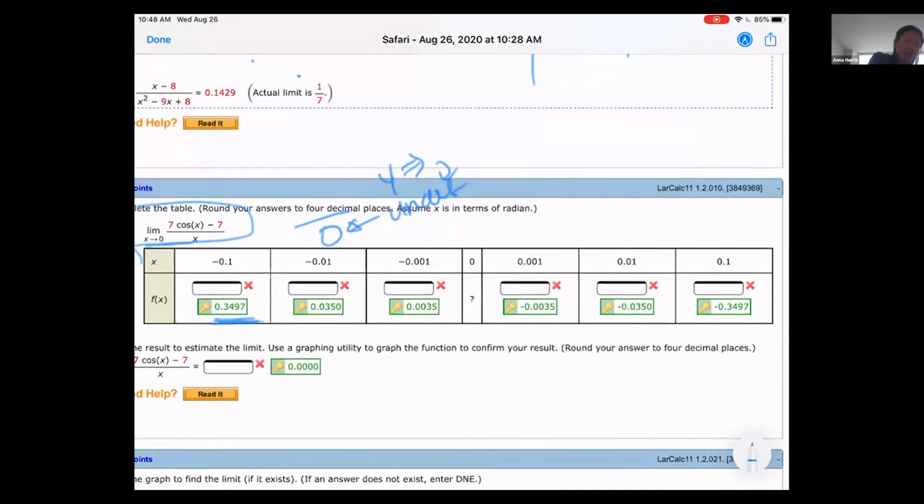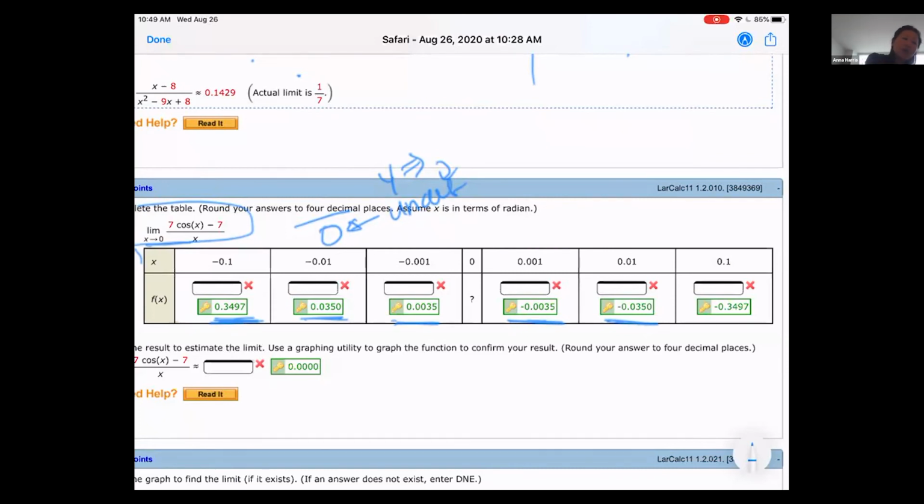Look at this number, you guys. 0.3497, 0.0350, 0.0035, negative 0.0035, negative 0.0350. Where is this number approaching? Looking at this, it's a little bit hard, but everybody can see this number is approaching which number? 0.